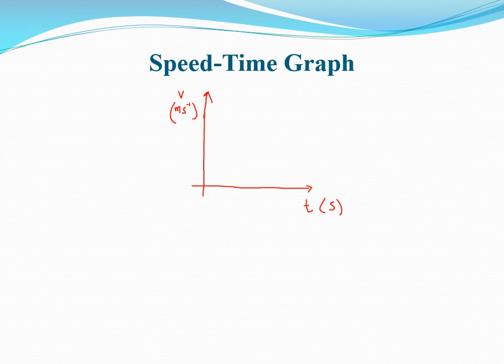So in a speed time graph, time is taken along the x-axis and speed is taken along the y-axis. As we saw in the case of the distance time graph, distance and displacement are taken interchangeably if a body moves in a straight line. Similarly, if the motion is in a straight line, then speed and velocity are also used interchangeably.